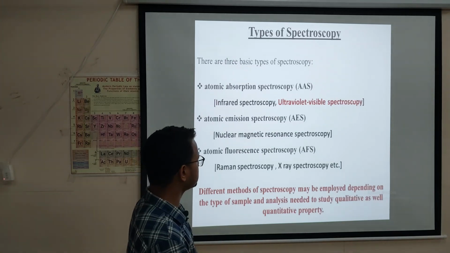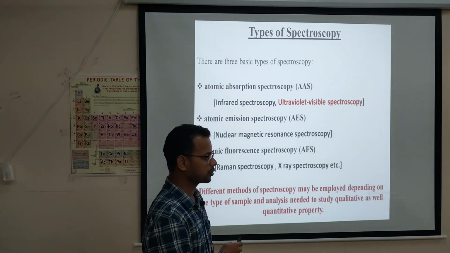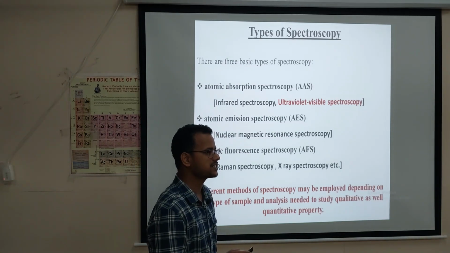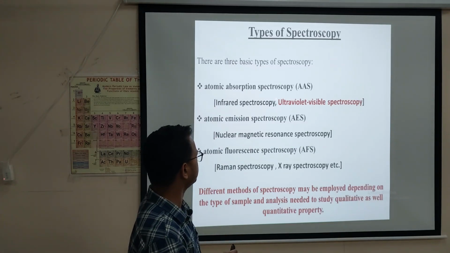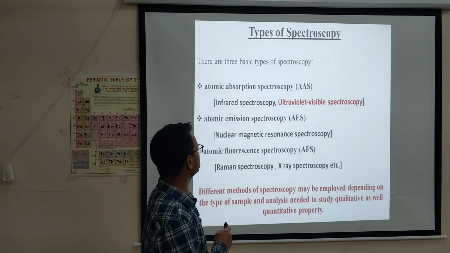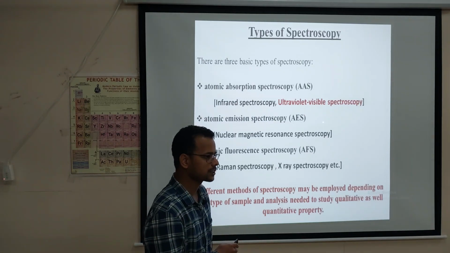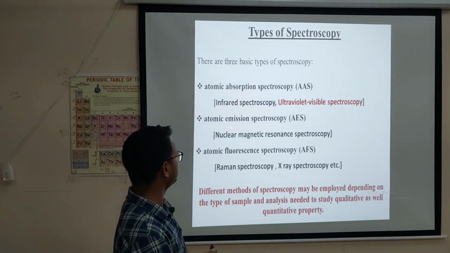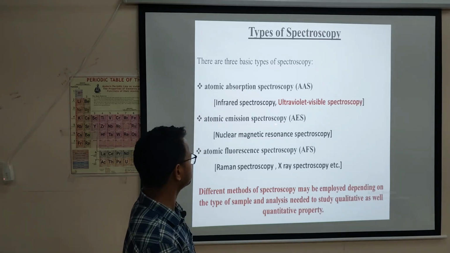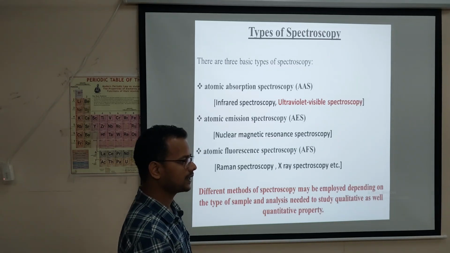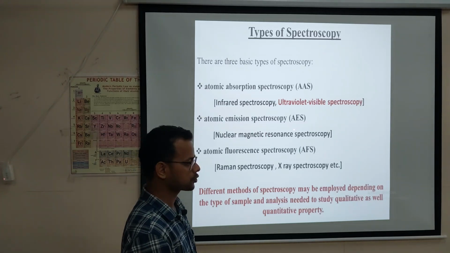Some examples: infrared spectroscopy, means IR, is an example of absorption spectroscopy, and UV visible DRS is also an example of absorption spectroscopy. NMR, nuclear magnetic resonance, is an example of emission spectroscopy.